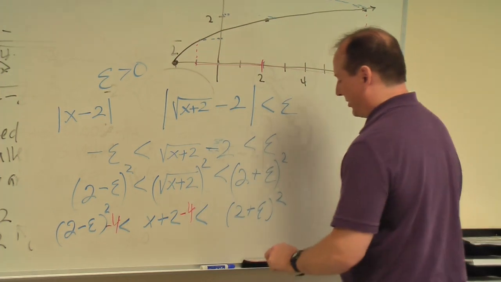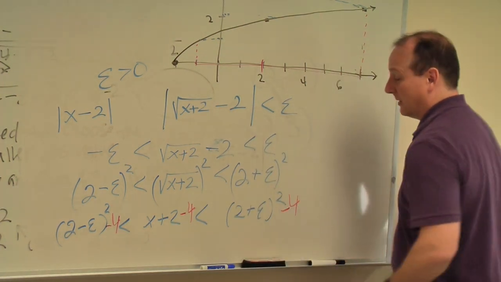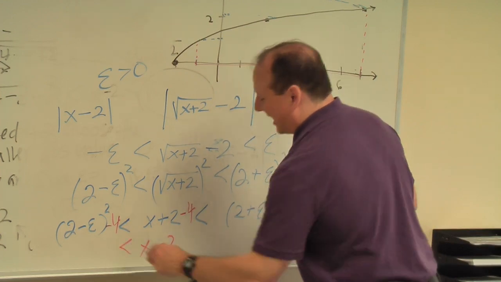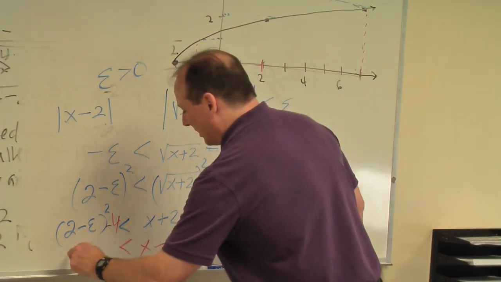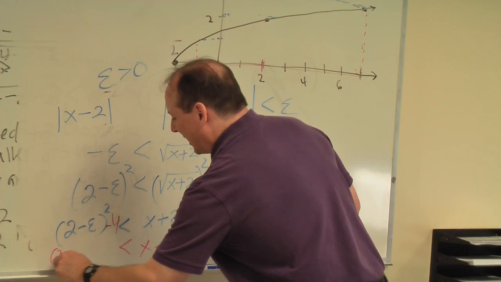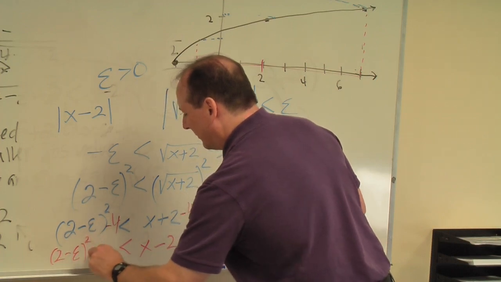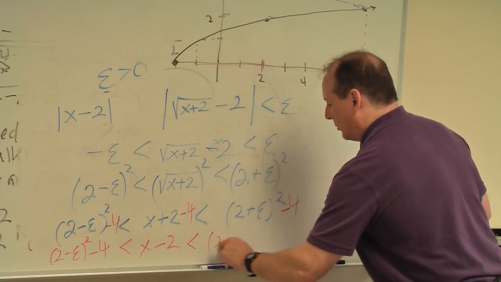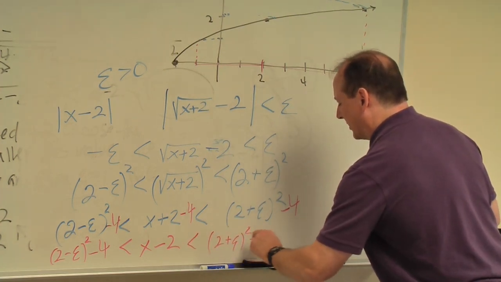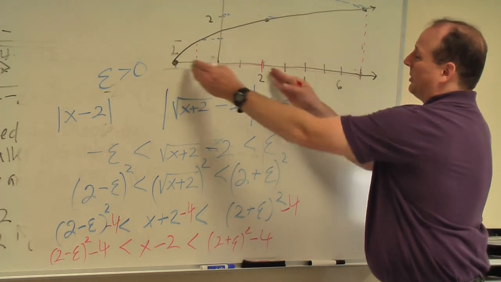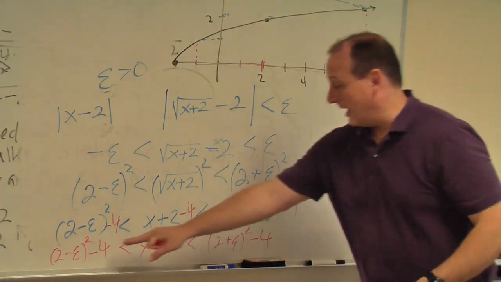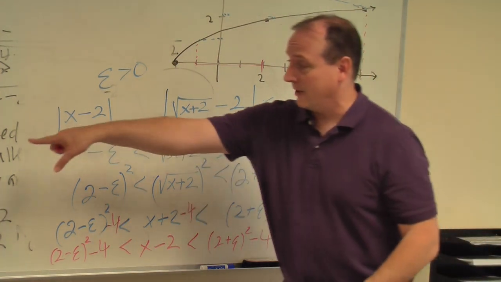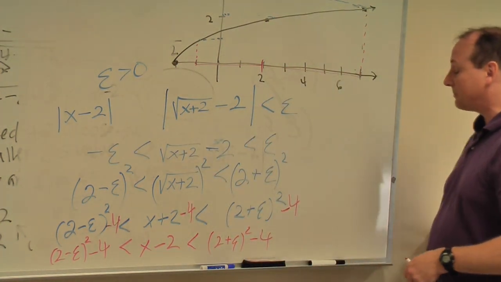So I get x minus 2 is less than 2 minus epsilon, squared, minus 4, and 2 plus epsilon, squared, minus 4. Again, this window is not equal. These are not quite the same thing, so I need to pick, like I did over here, the smaller.